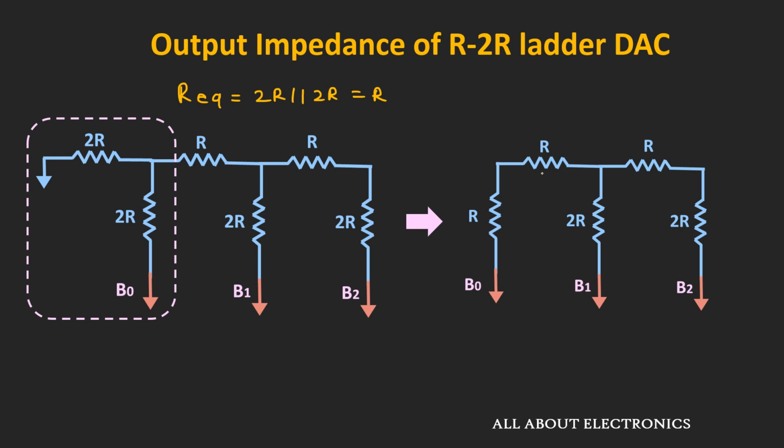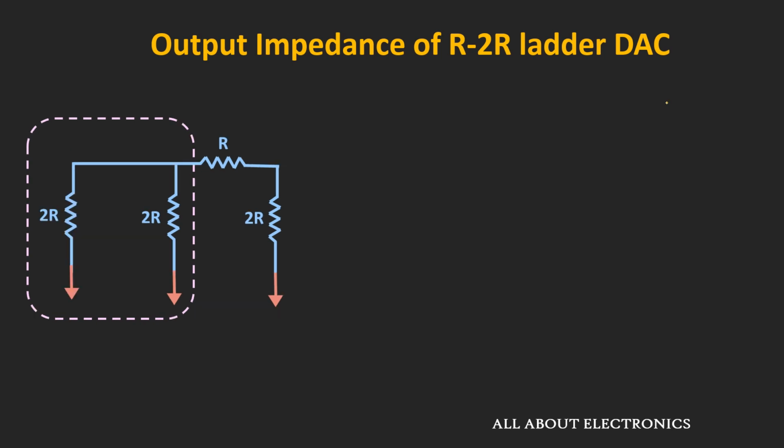Now here, these two resistors are in series, and once again, this combination is in parallel with this 2R resistor. So the equivalent resistance will be equal to R plus R, and that combination is in parallel with 2R, so the equivalent resistance will be equal to R. And the equivalent circuit will look like this.